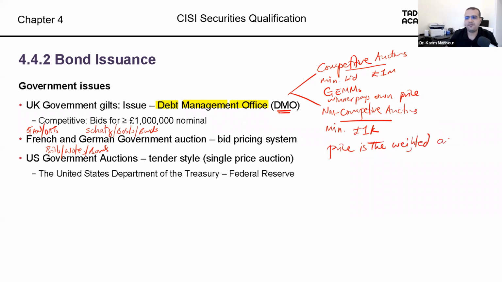So if you are lucky to win the bid, then the DMO, the Debt Management Office, will calculate the weighted average price offered, and then everybody will pay the same price, which is the weighted average.